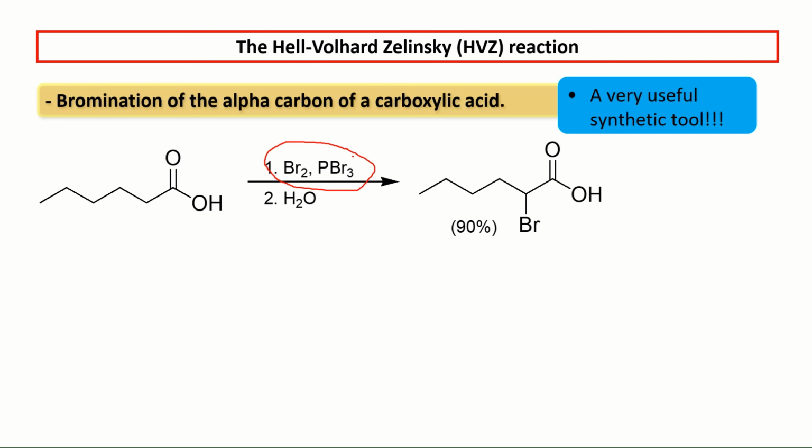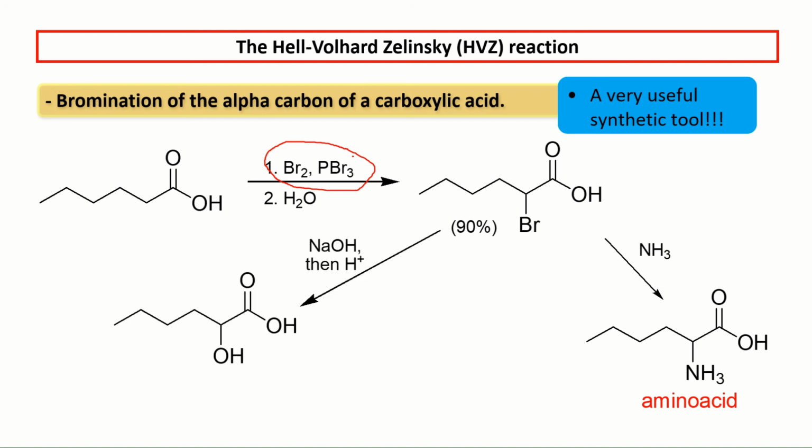This is the Hell-Volhard-Zelinsky reaction. Well, you can see here I can make an amino acid using ammonia. Terribly important. Here I can make alpha hydroxy acids. And of course, I can eliminate also to give me unsaturated acids. So here's an alpha beta unsaturated acid.